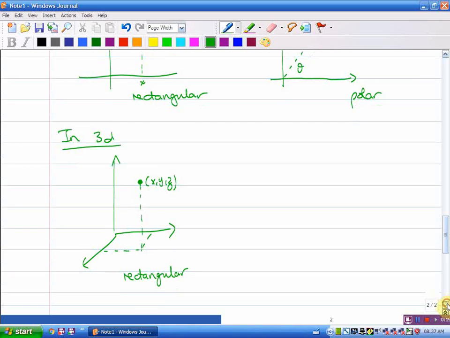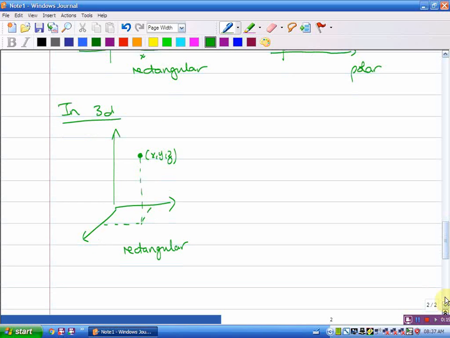And then there's cylindrical, and cylindrical is also not too bad, because in the 3D rectangular, it's exactly the same as the 2D rectangular. We've just added a z dimension. Same with cylindrical. Cylindrical is basically polar with a z dimension. So what you do is, with that same point, you take that point and you let it cast a shadow down on the xy plane.